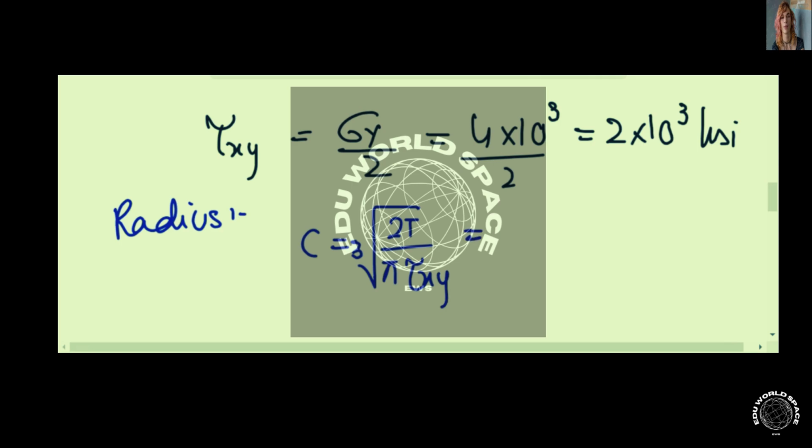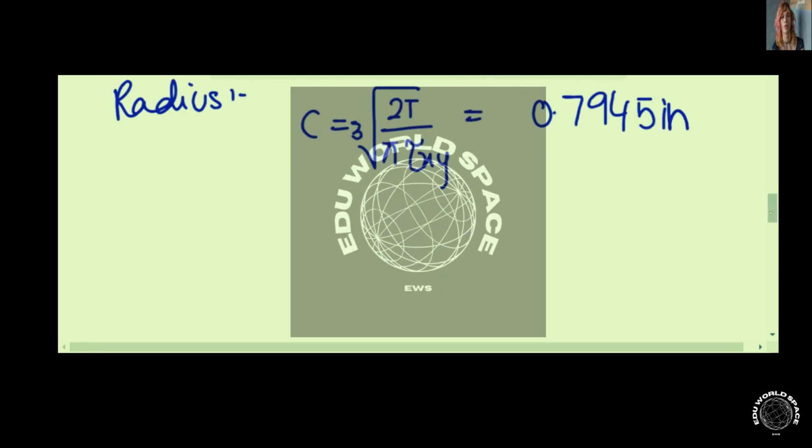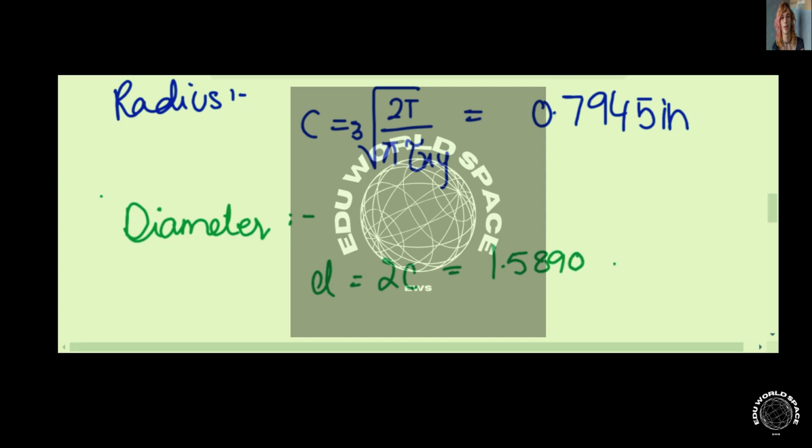We just calculated all of these above, so I'm just using them. Substituting the values, you'll get that it is equal to 0.74794945 inch. The diameter is equal to 2c, so plug in the value of c that you just found and we get 1.5890, which is approximately equal to 1.59 inch. So this concludes our answer.